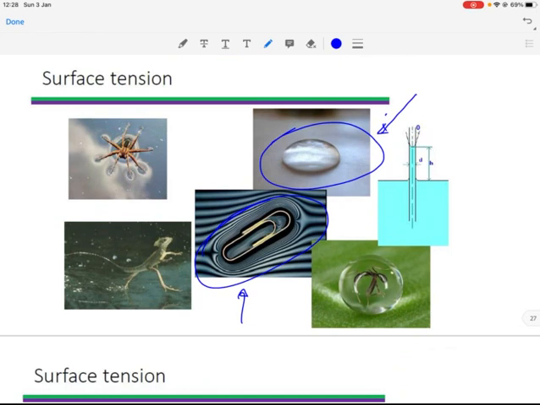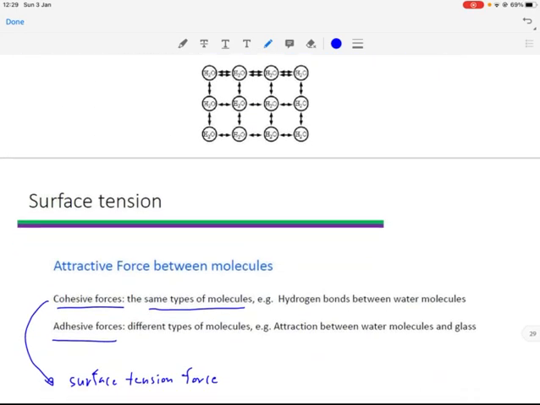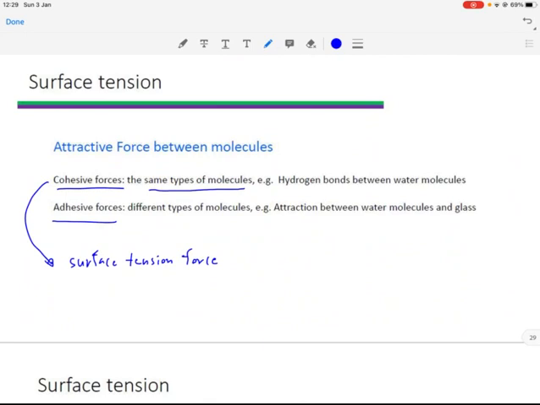Look at this picture of a metallic clip that can be floating on the water surface. If the weight of this metallic clip is not large enough to break the bonding between the water molecules on the surface, it means that the packing between the water molecules is stronger than the weight of the metallic clip, and the metallic clip can be floating on the water surface, right?